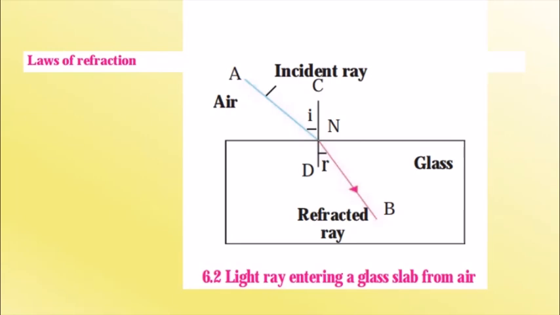Now, as you have studied the laws of reflection, there are also laws of refraction. We have two main laws of refraction. First, the incident ray and the refracted ray at the point of incidence, which in the figure is N, are on the opposite sides of the normal to the surface of the glass slab, and all three, the incident ray, the refracted ray and the normal, are in the same plane.